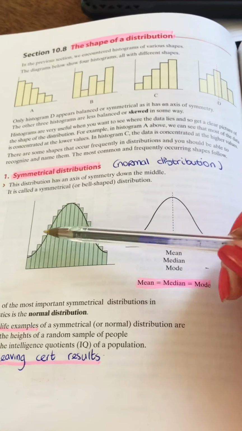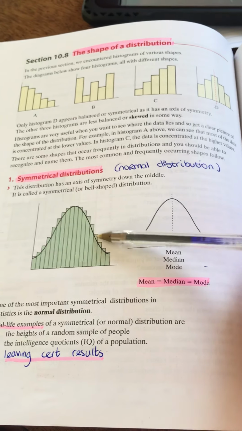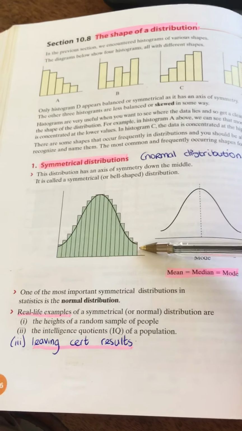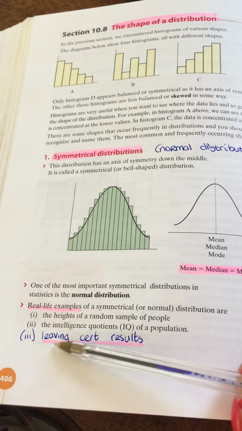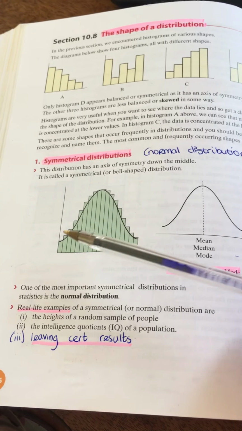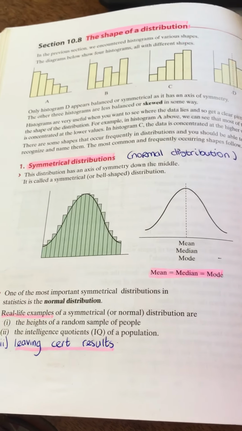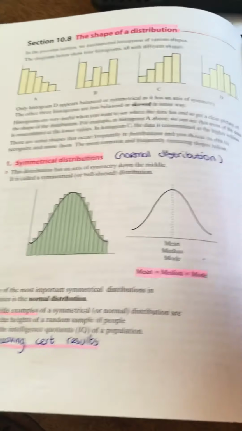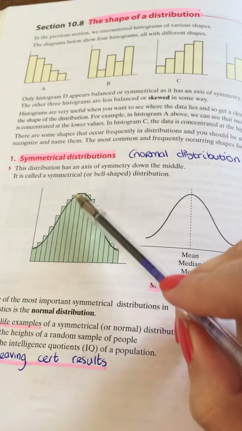The normal distribution, I suppose, is the one that we're looking at all the time at the moment in the news, with COVID-19. Other examples of it would be your Leaving Cert results. If you think of the government, even with these predictive grades that they're saying we're to give students now, they'll still have to make this sort of normal distribution shape.